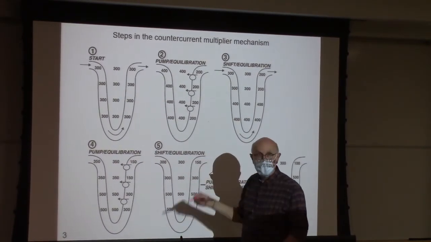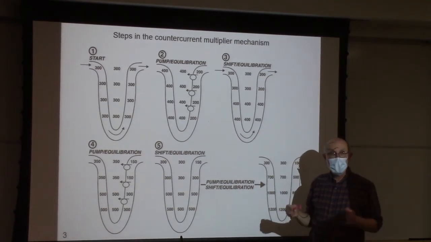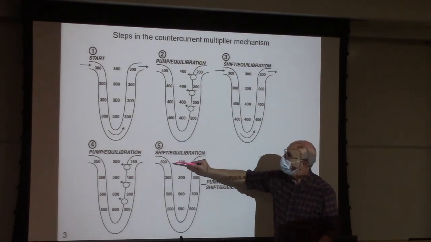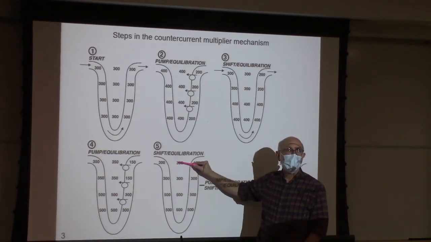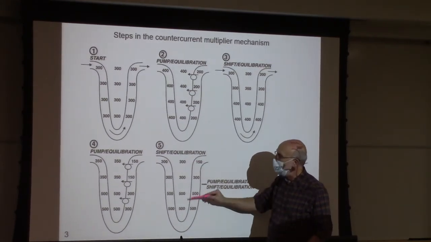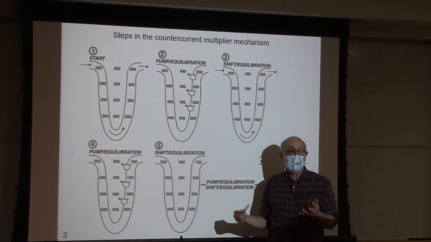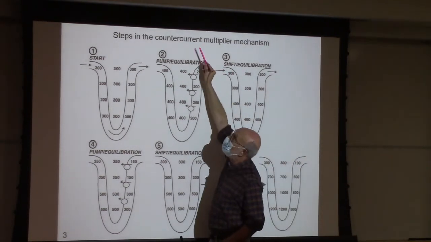If you do all those processes over and over and over again, because it's equilibrating here, it's going to be isotonic here. And because of the pumping and equilibrating, it's going to be hypertonic here. That's just the mechanics of the so-called counter-current multiplier.